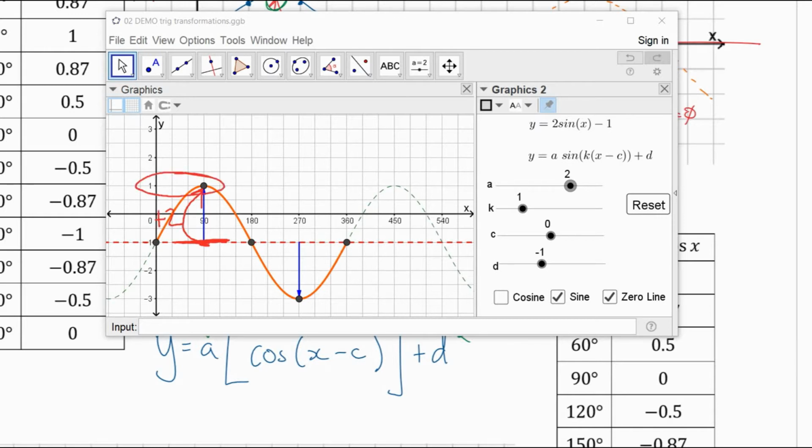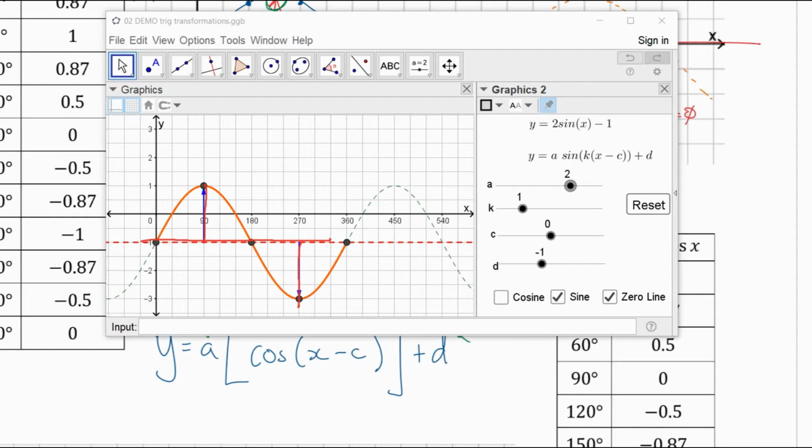So the max value is not necessarily equal to the amplitude, because if I move the 0 line, then I'm also changing where the max and the min are. So my amplitude has to be the distance from the 0 line up and the 0 line down. It's not just the max or the min of the function, okay?